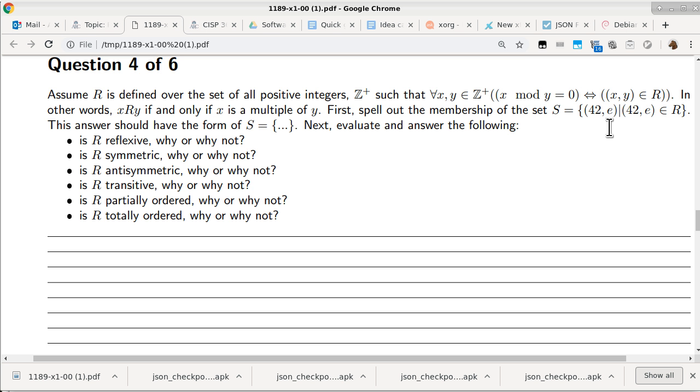You don't have a choice. The first element has to be 42, but the second element is a variable. So the second element can be any e such that the following is true: (42, e) is an element in whatever R that we just defined earlier. Is that okay?